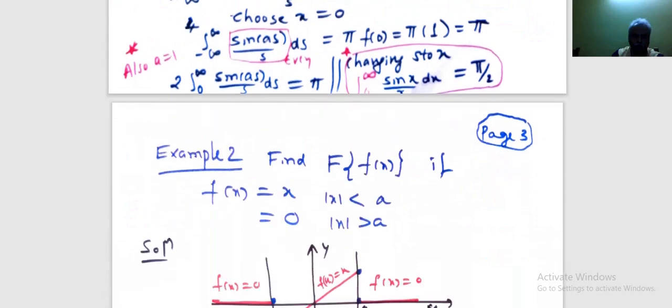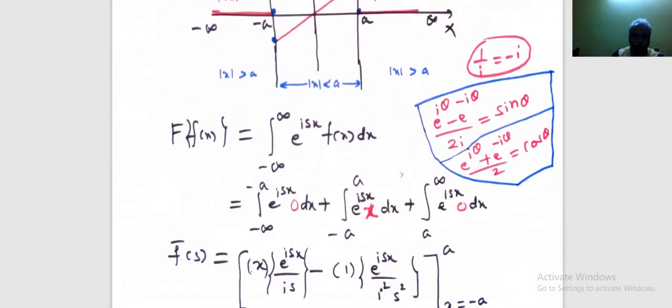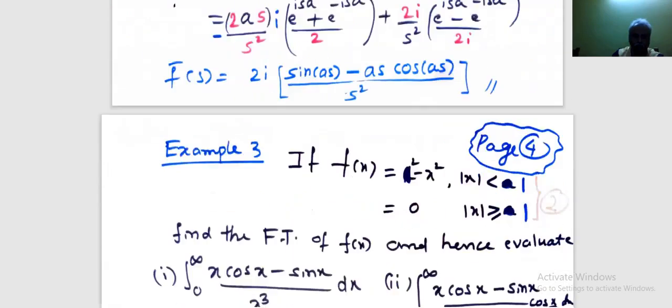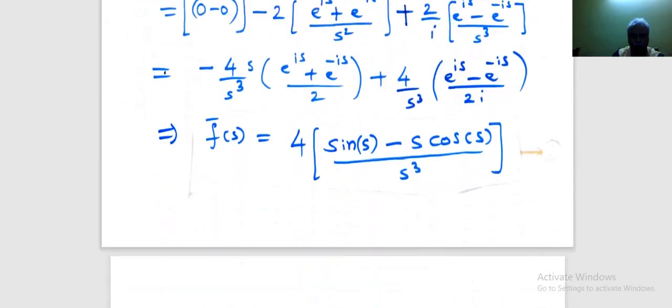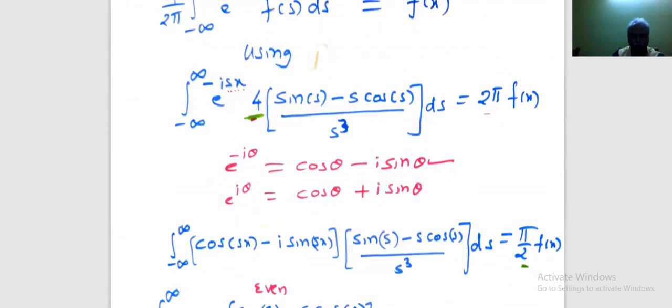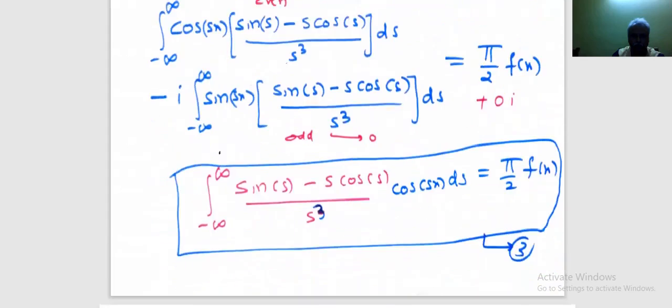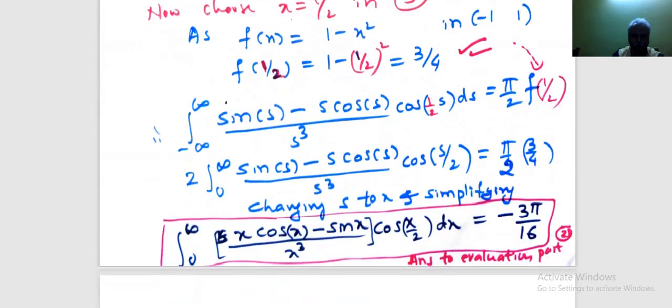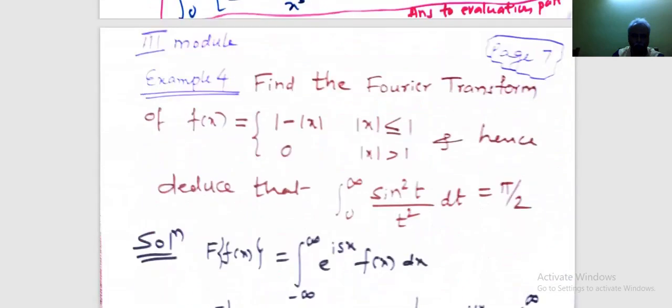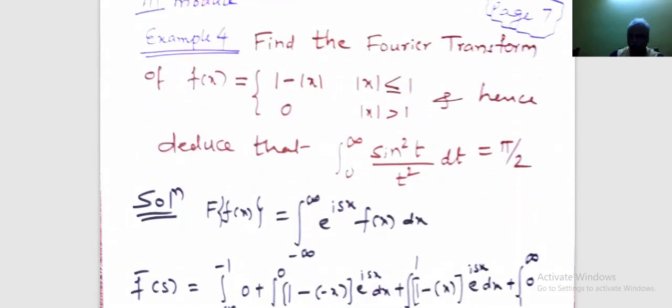You saw example 2 and example 3. If time permits, I'll repeat all these steps, but before I close, I would like to do one more example. Please have patience. Find the Fourier transform of this function and hence deduce this.